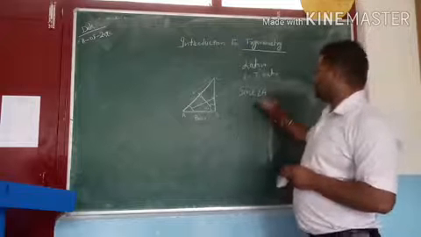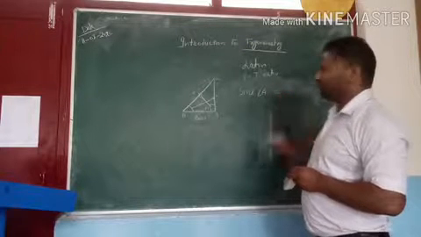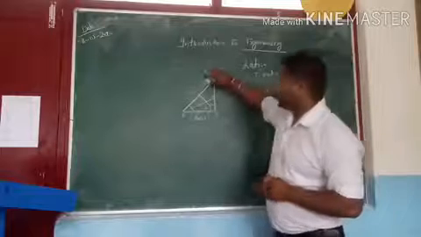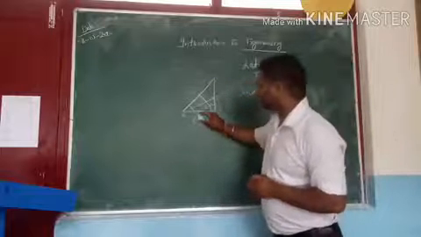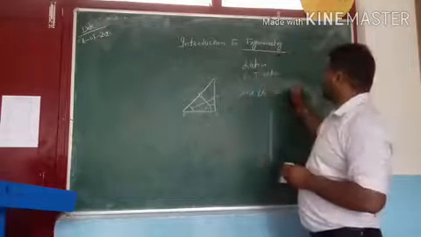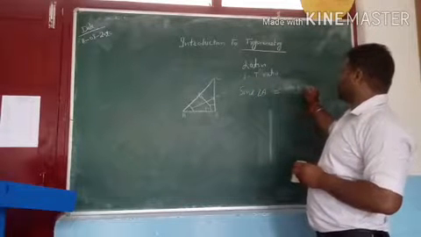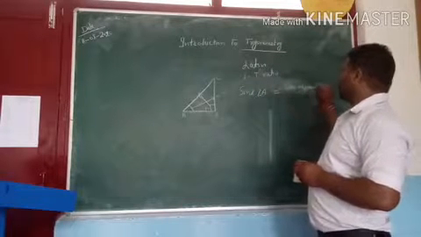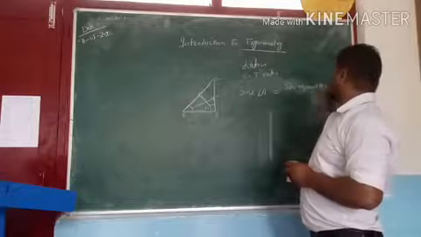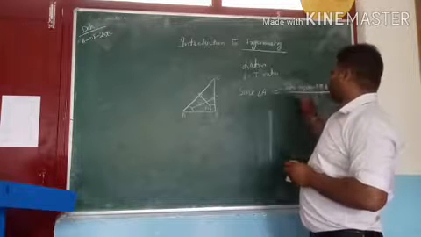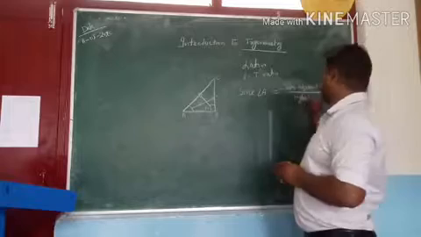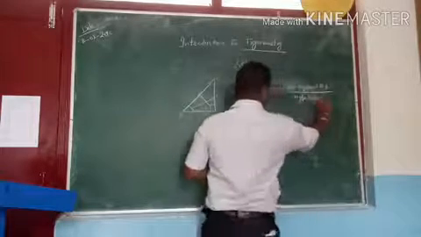So sine of angle A is the side opposite to angle A upon the hypotenuse.